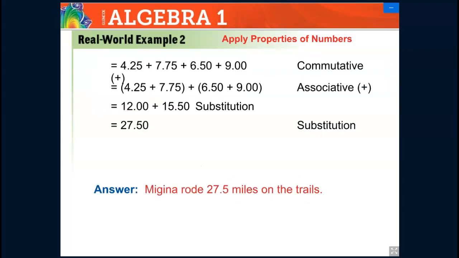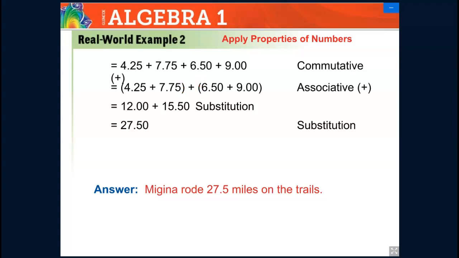So what we're going to do first is the commutative property. We're going to group them so that you can put the 2.5 and the 0.75 together, because that will make a whole. And then we're going to group it so the 0.5 and 9 are together. So the first thing we're going to do is rearrange the order of the terms, which is the commutative property. Then we're going to group them.